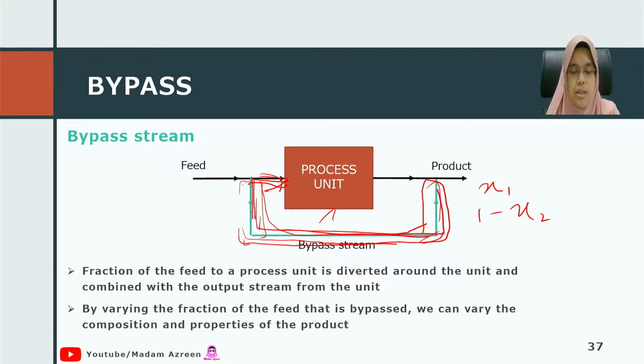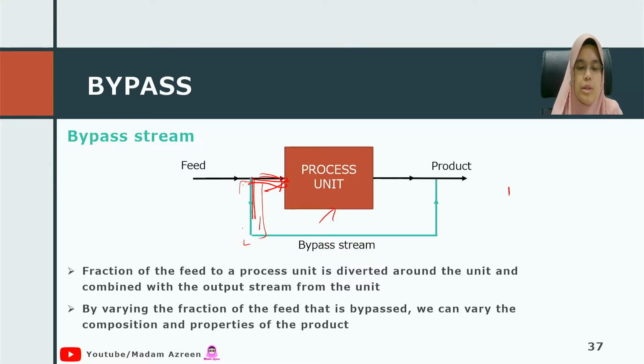It's just to let you know that this process occurs in real industry. When you have multiple unit processes, maybe some of the streams might be bypassed and bypass some of the unit processes.